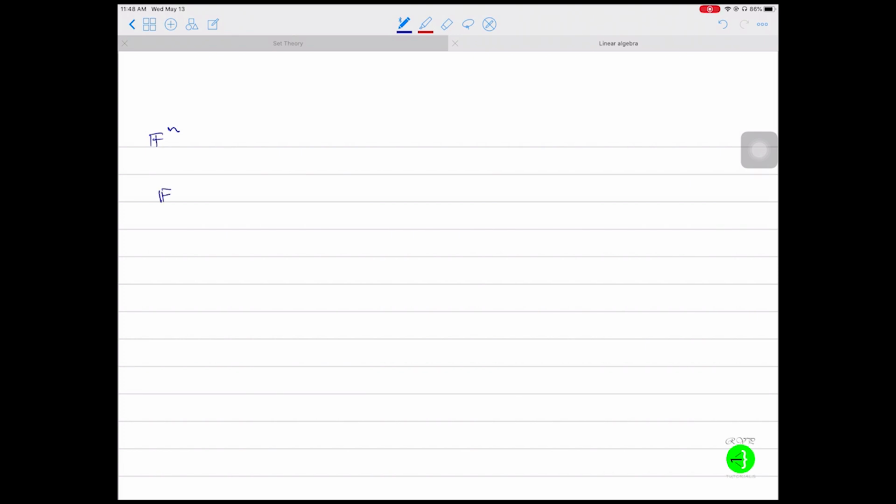So the thing Fn is defined as the list x1, x2 up to xn such that for all i belonging to 1, 2, 3 till n, xi belongs to the set F. So this term Fn is nothing but a list of n elements such that each element belongs to the set F, which means it either belongs to real numbers or complex numbers.